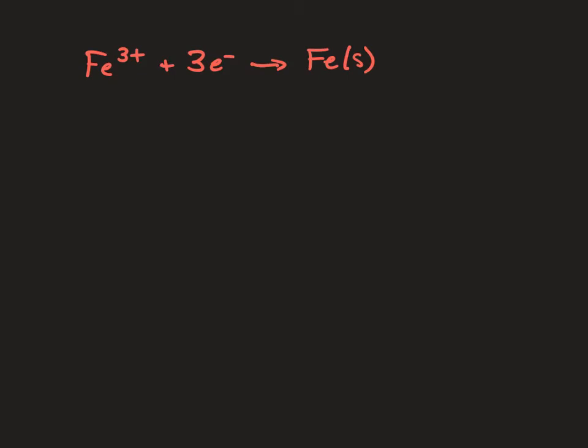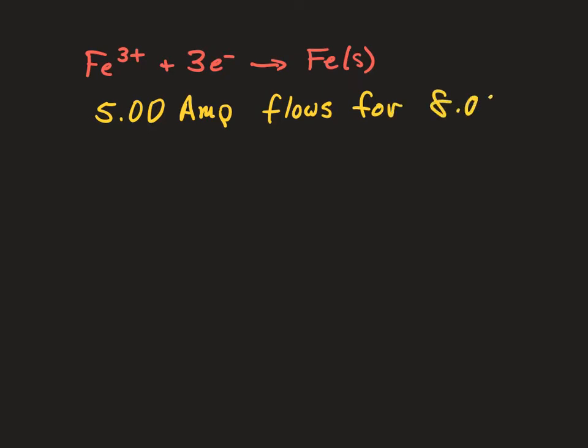So here's our cathode reaction: iron ions being reduced to iron metal. So let's consider that a current of 5 amperes flows for 8 minutes.